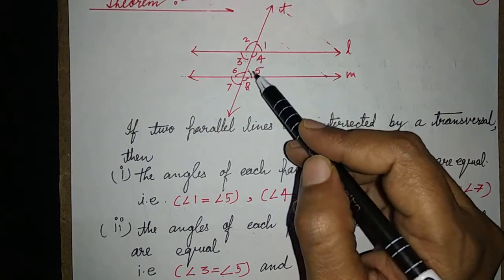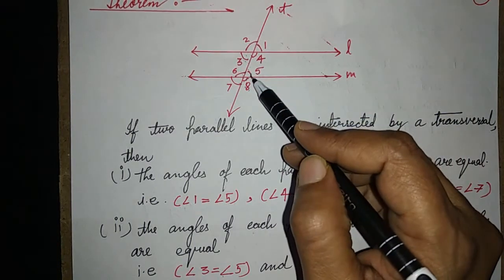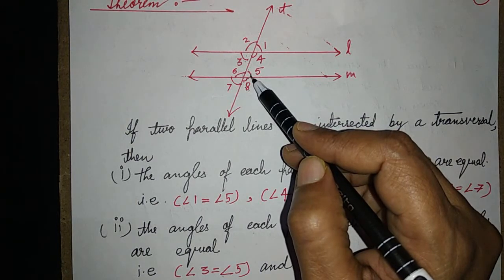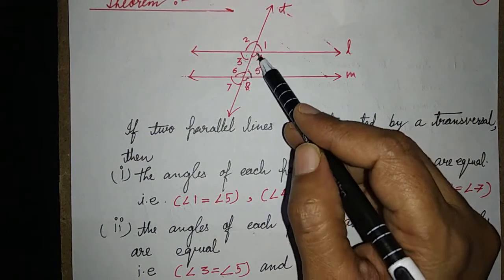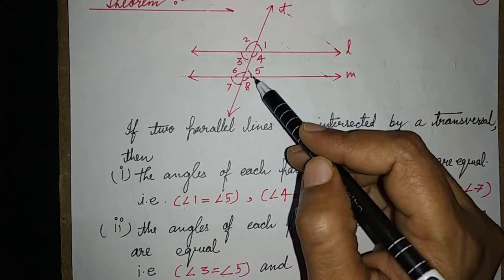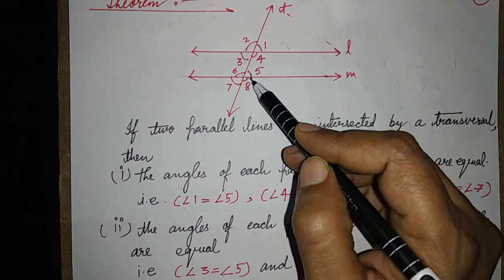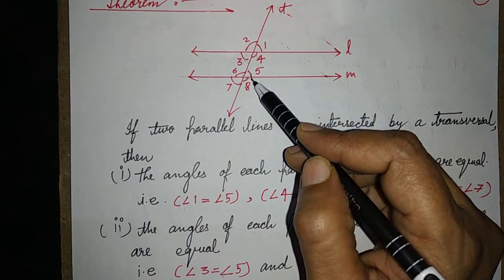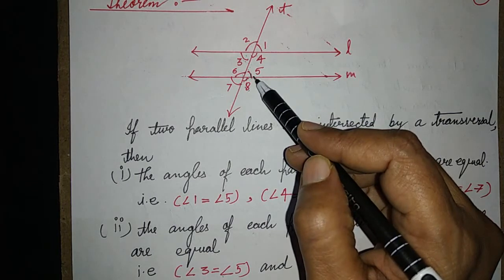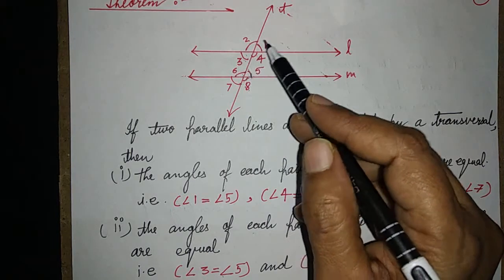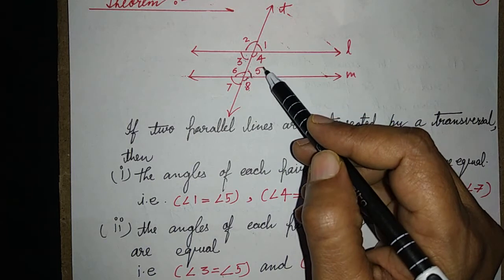And angle 4 and 5, these two are also co-interior angles and their sum is also 180 degrees, because they are also forming on the same side of the transversal.